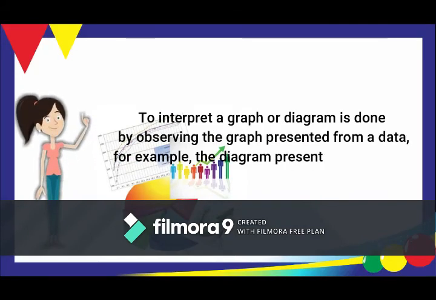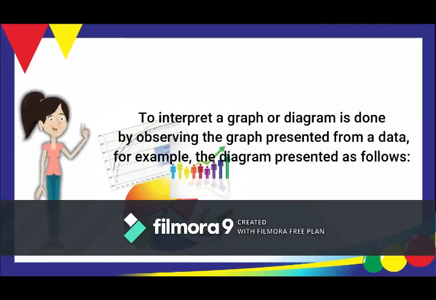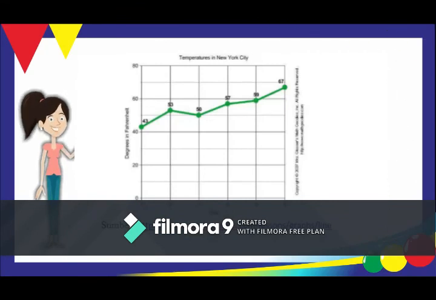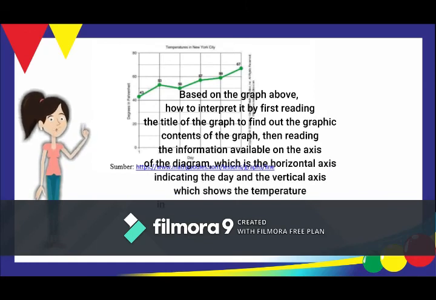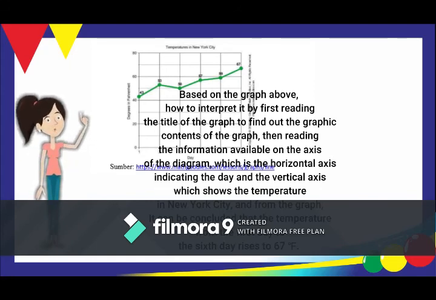How do we interpret the graphs? To interpret a graph or diagram is done by observing the graph presented from a data. For example, the diagram is presented as follows. Based on the graph above, to interpret it, we first read the title of the graph to find out the contents of the graph. Then, read the information available on the axes of the diagram, where the horizontal axis indicates the days and the vertical axis indicates the temperature in New York City.